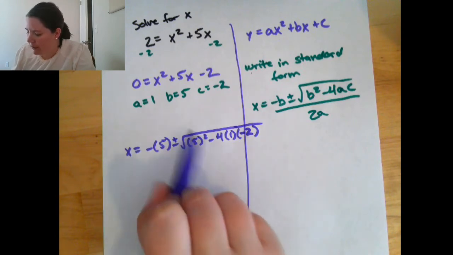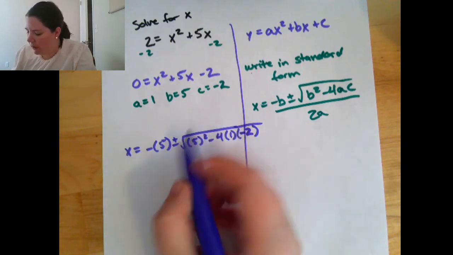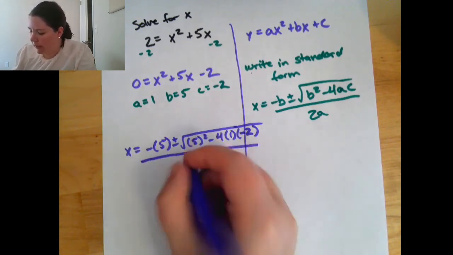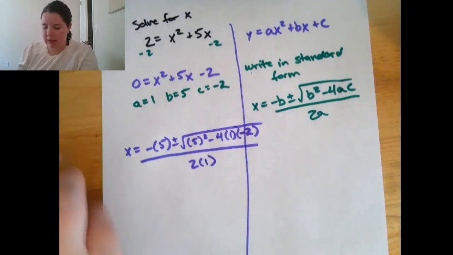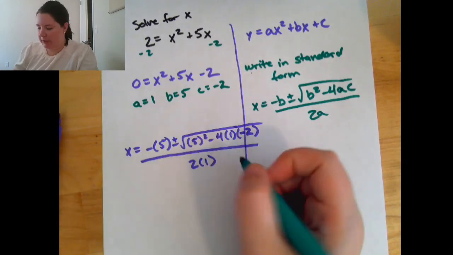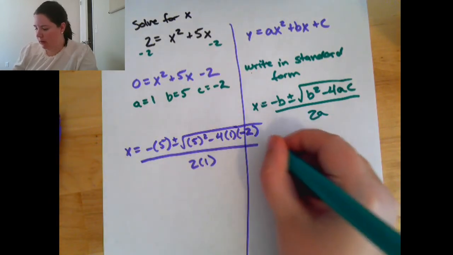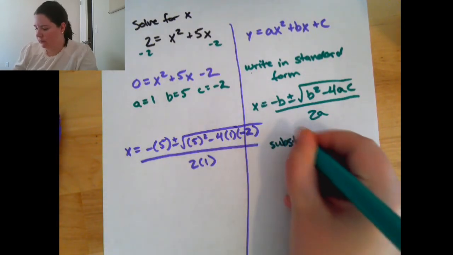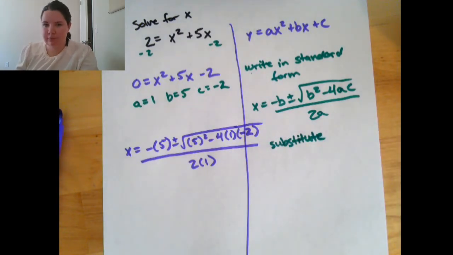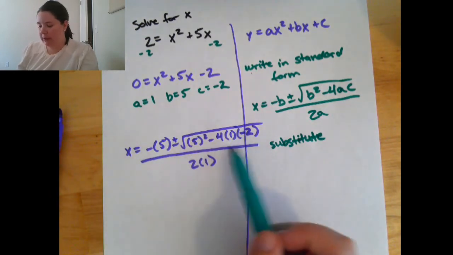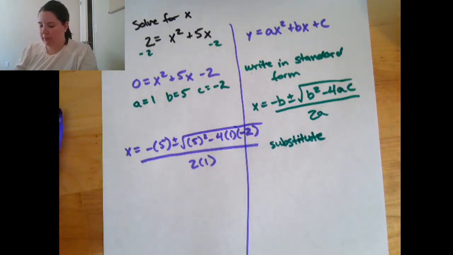Just double checking myself here. So far so good. All divided by 2a. There we go. I just use substitution there. Just substitution. And I always use parentheses to show that I substituted.